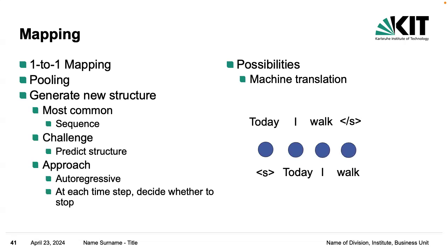So the important thing is we need to extend our vocabulary, not only to predict the words, but also to predict the structure. In order to predict the structure, we have to tell the model that there is an end of sequence.